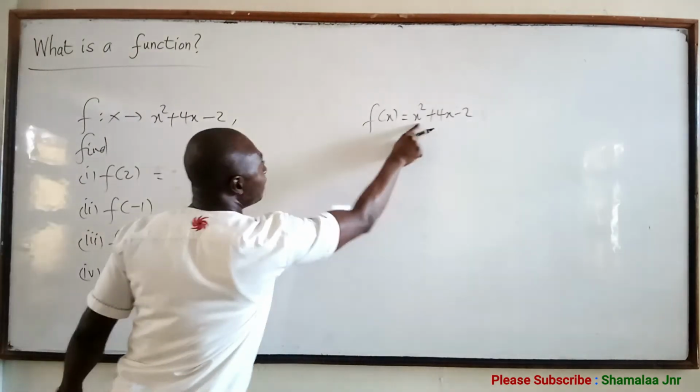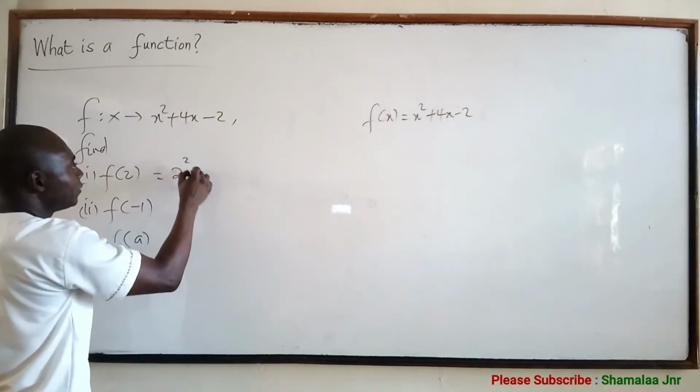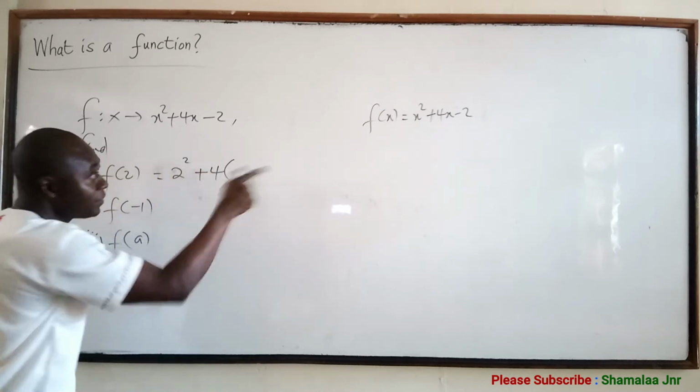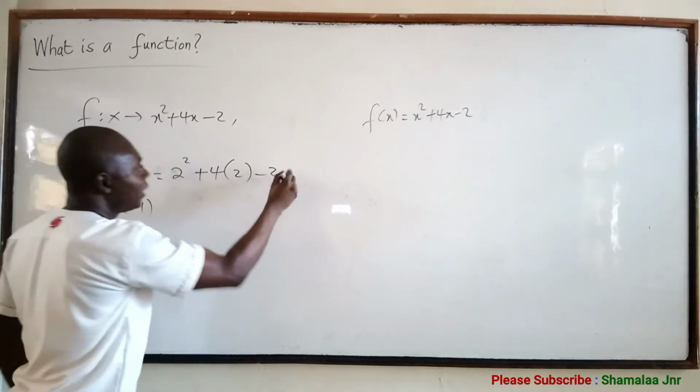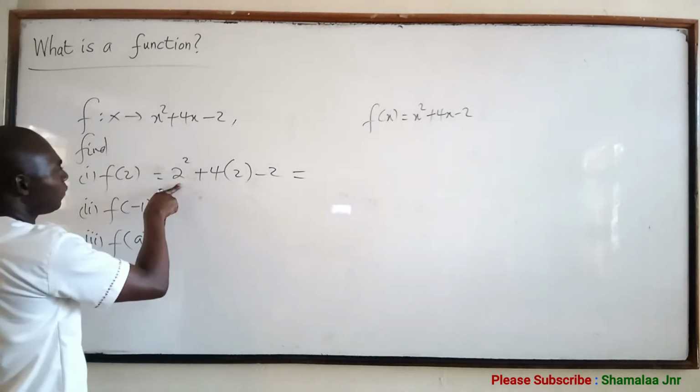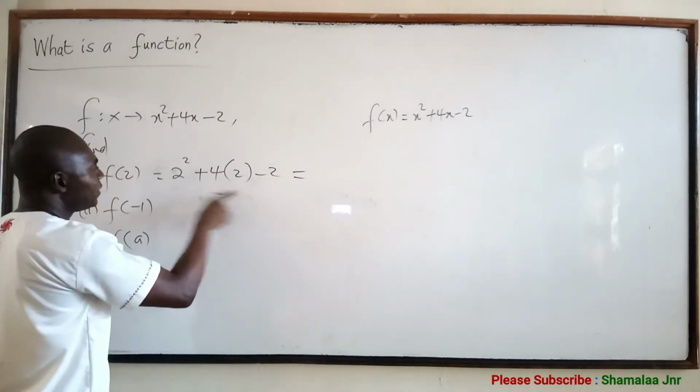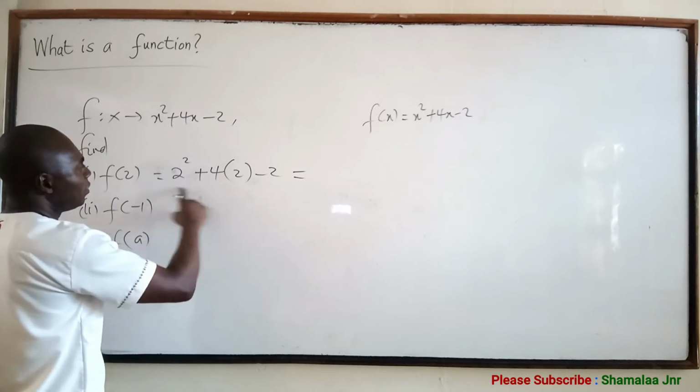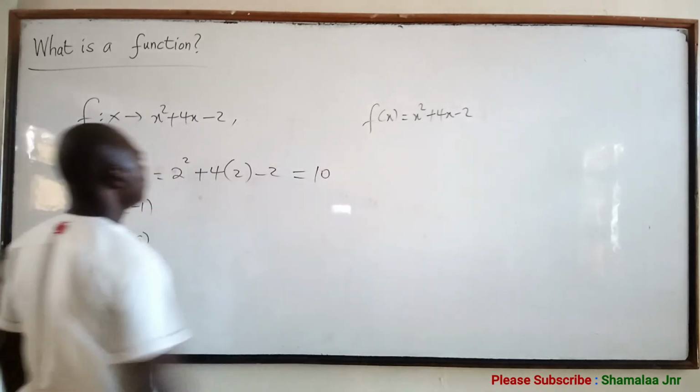So I've seen x here, I'll write 2, so 2 squared plus 4. I've seen x, then I write 2, minus 2. And this one will be equal to 2 squared is 4 plus 8, that will be 12 minus 2, 10.